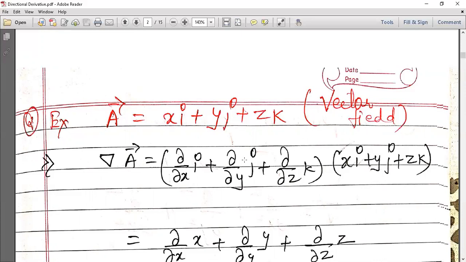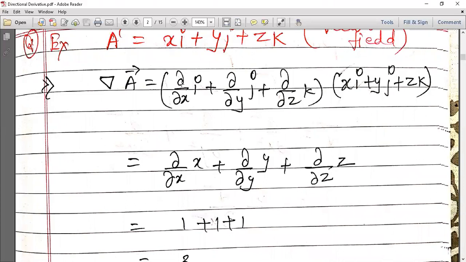So here we get ∂/∂x of x, which is the first with i, then ∂/∂y of y, and ∂/∂z of z.